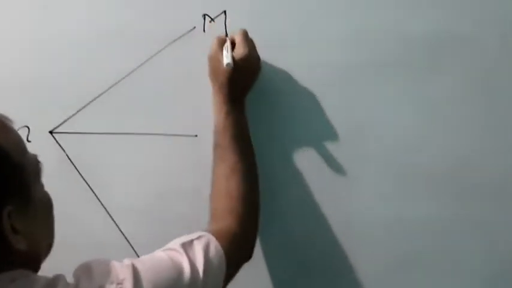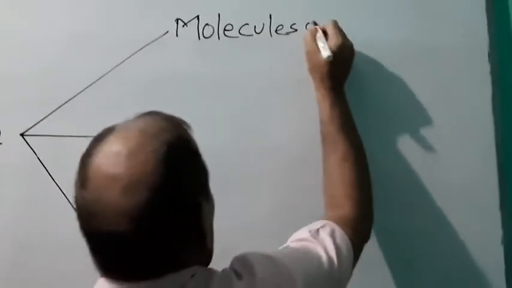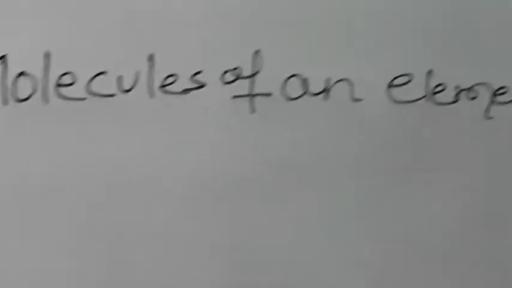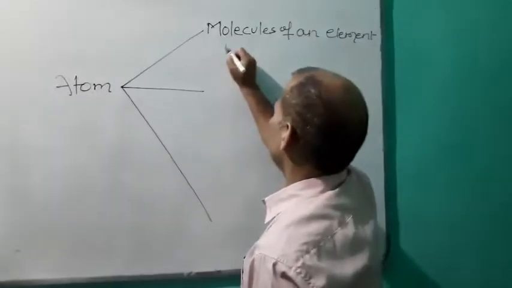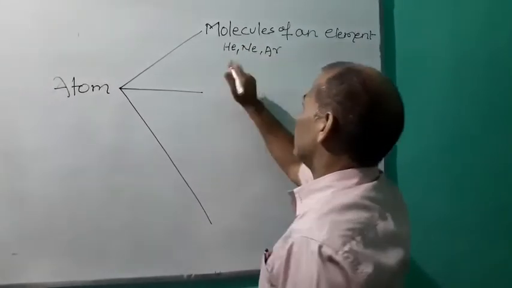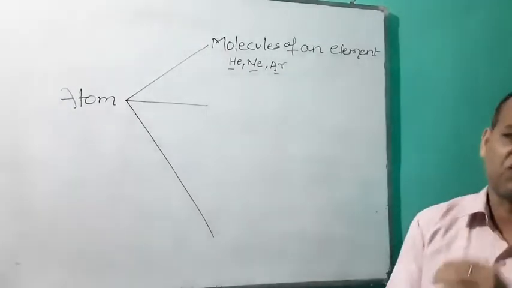Molecules of an element. Atom which exists in a molecular form of an element. Like helium, neon, argon, these exist in the atomic state.